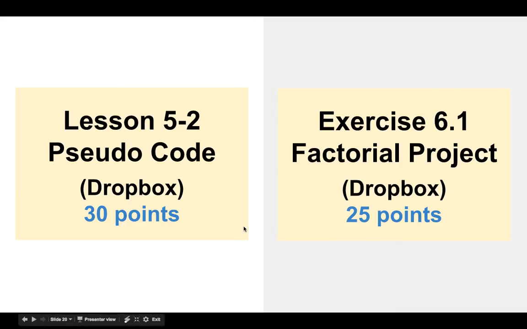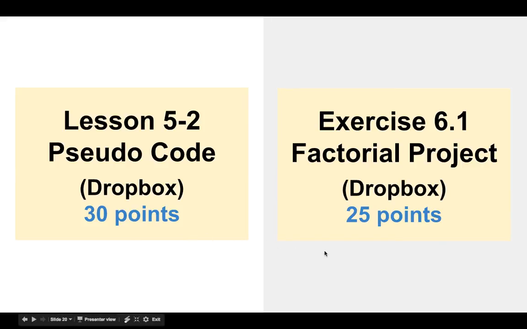And now you're going to think about your lesson. So lesson 5-2, you're going to write a pseudocode. So you're just going to put in general words. You're just going to put a fake code, and there's an example in your book, in your lesson 5-2, what the pseudocode looks like. And it's just basically code written in English. You're just walking through in English what's happening in your code.